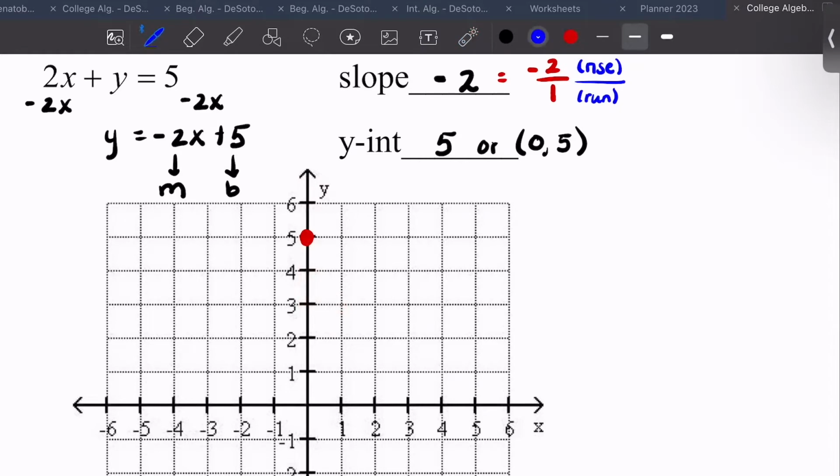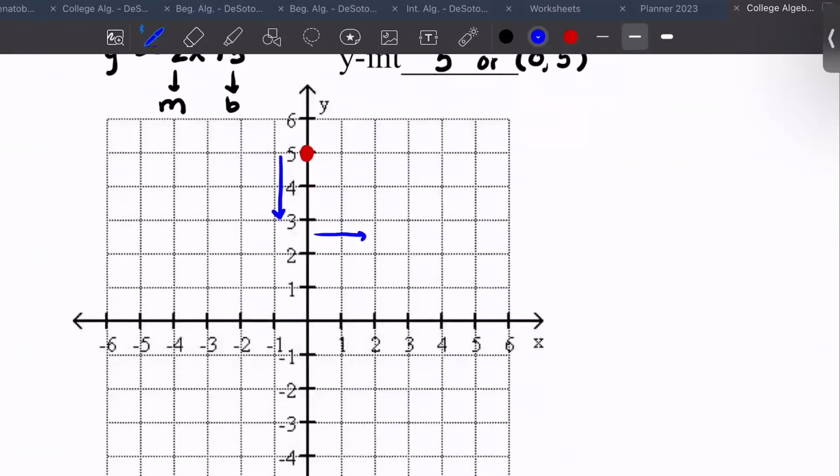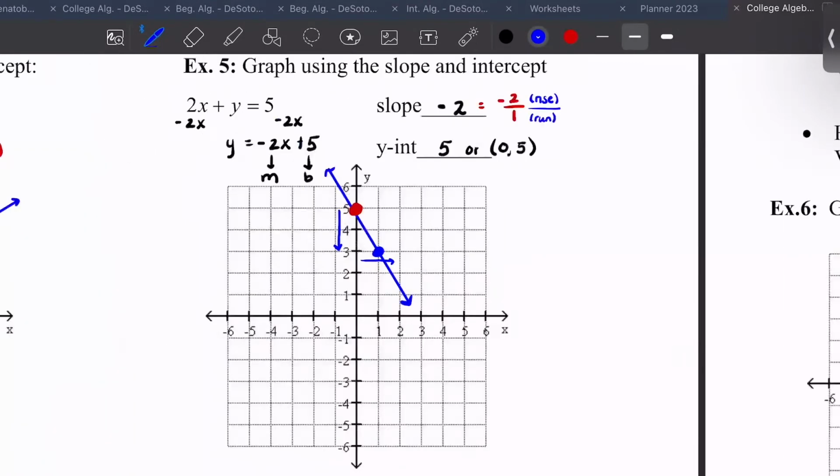We went down, which is negative, and then over to the right, which is positive. You can keep going, 2 over 1, 2 over 1, but you just have to do 2 points. That would be the graph of that line.